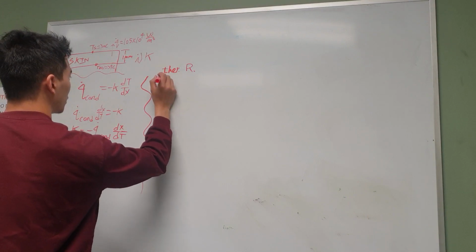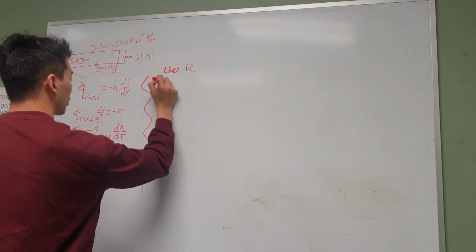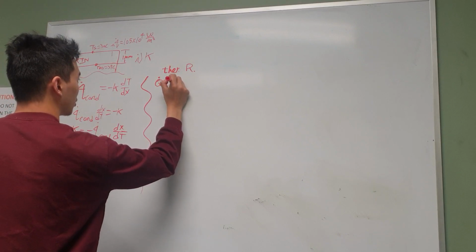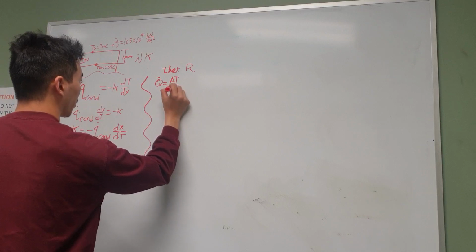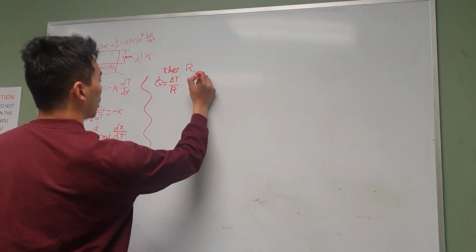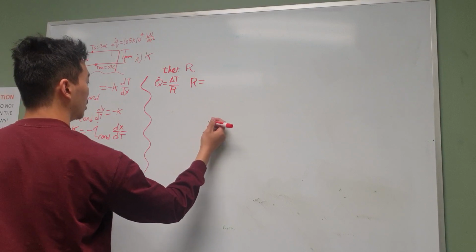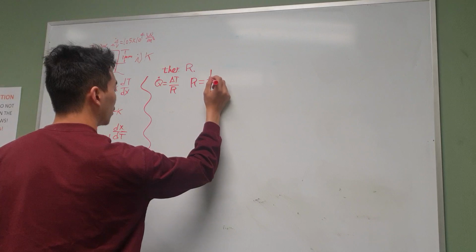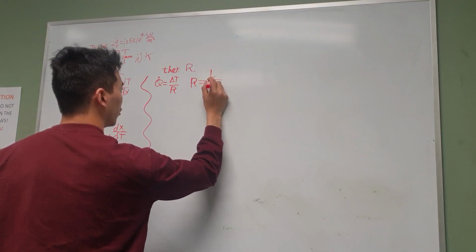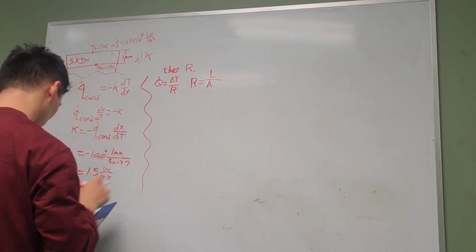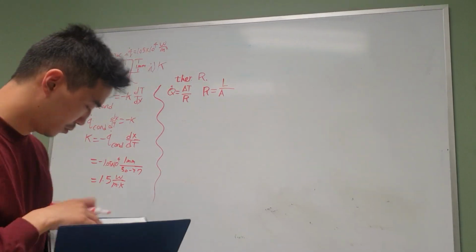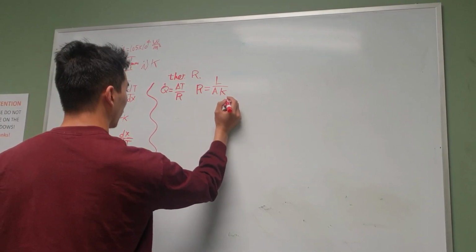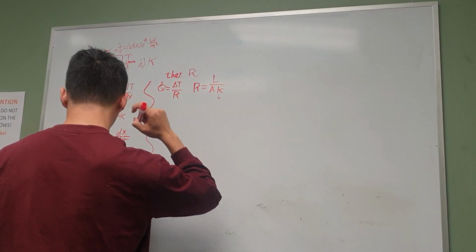According to the thermal resistance equation, the heat transfer rate Q dot is equal to delta T over thermal resistance R. And thermal resistance R is equal to length over area times K, at least for this case, because it is conduction.